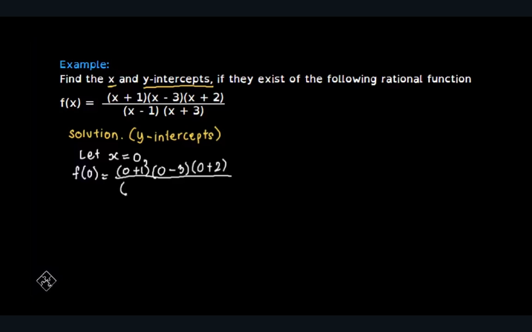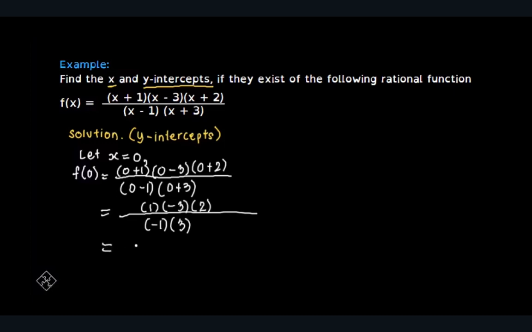In the denominator, 0 minus 1, and x plus 3 magiging 0 plus 3. Okay? So, in this case, ang gagawin natin, we will simplify the numbers inside the parentheses. Okay, isa-isayin natin. 0 plus 1, that is 1. 0 minus 3, that is negative 3. 0 plus 2, we have 2. 0 minus 1, that is negative 1. 0 plus 3, that is positive 3.